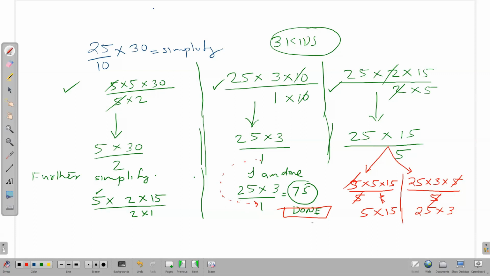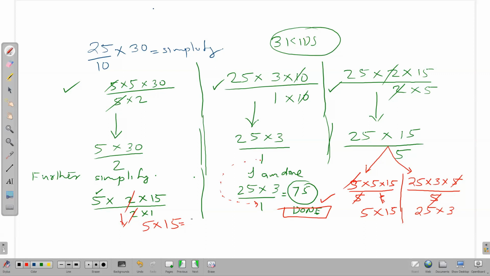So one kid already said done. These kids have to reach one number like that. So this kid is cutting again. Now he is getting 5 times 15.